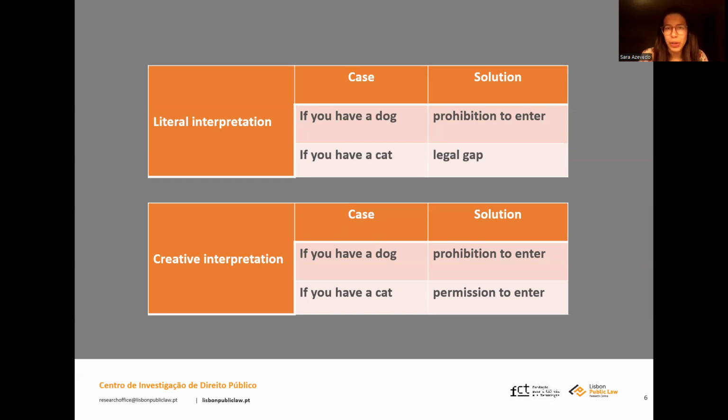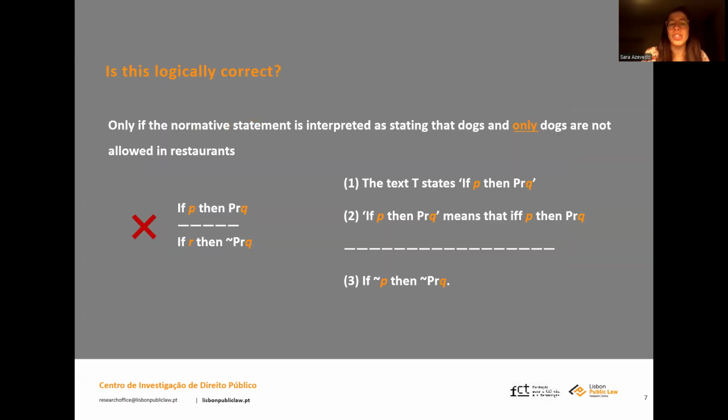Focusing on these latter accounts, we must ask, how can we derive a permission to enter restaurants from a prohibition of entering restaurants with dogs? Is this logically correct? No, it isn't. So we cannot derive a permission to enter restaurants with cats from the prohibition of entering restaurants with dogs. In order for this to work, we need to add a second premise.